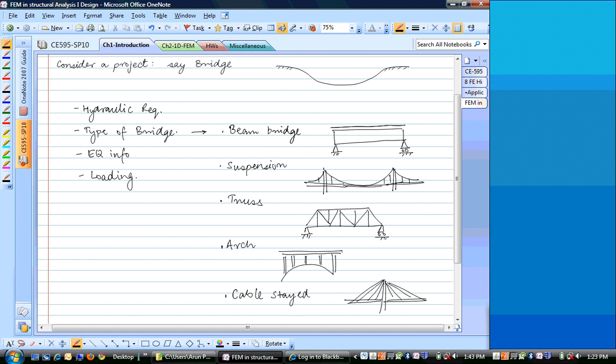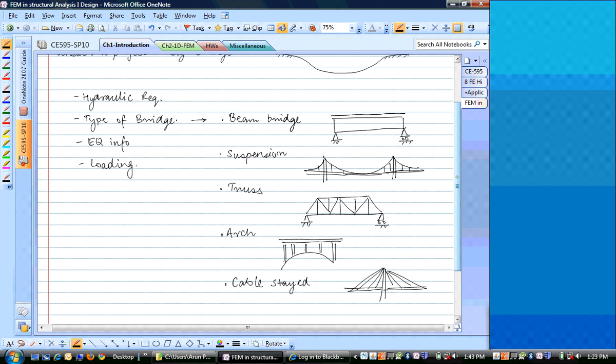Side arch. Okay, so that's a combination between suspension bridge and an arch bridge. Yep. So those are mostly the main kinds of bridges that we have.